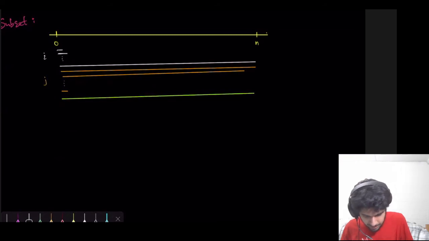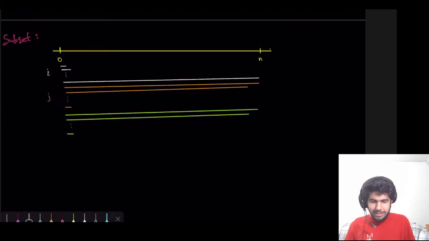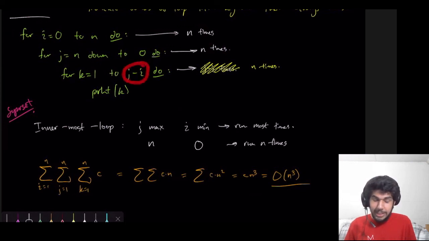K will go from here. Eventually, j minus I will get very small, right? Because k is dependent on both j and I, but j changes before I changes because j is within I. So during the first iteration, k goes from 1 to n, because that's what j starts out as.